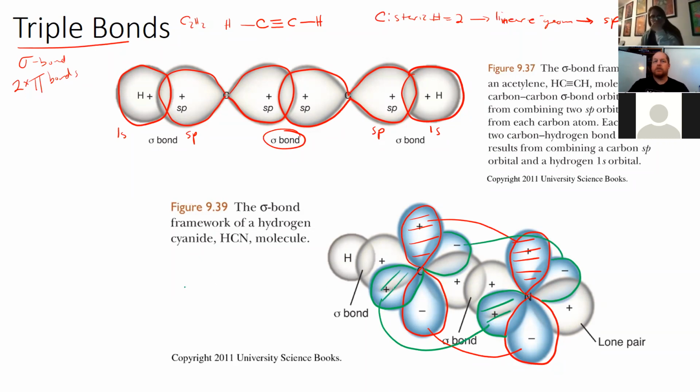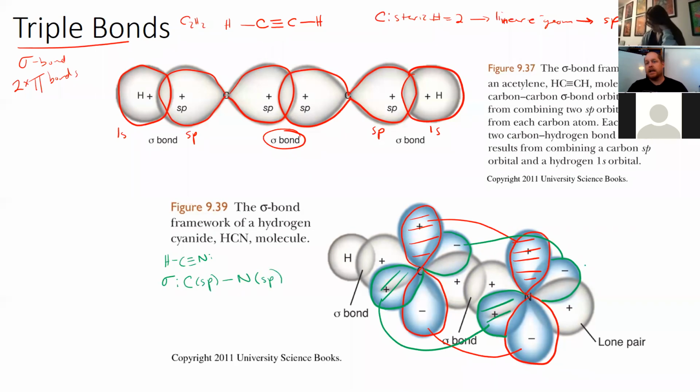In the case of a triple bond, okay? So in the case of HCN, you have one sigma bond coming from the carbon sp hybrid orbital to the nitrogen sp hybrid orbital.